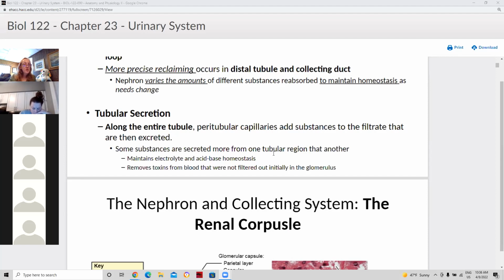Some things are secreted more than others in order to maintain electrolyte and acid-base balance. And toxins that were not filtered out initially in the glomerulus will be removed from the blood.